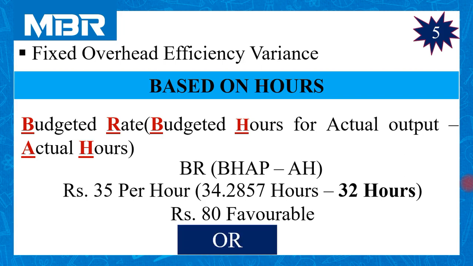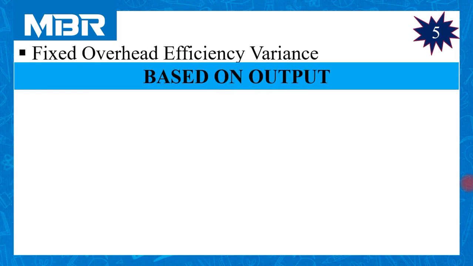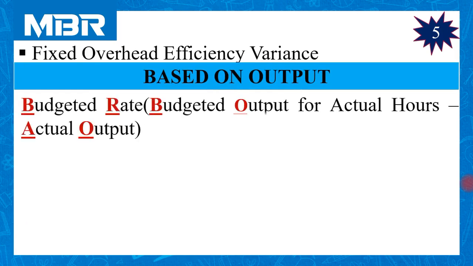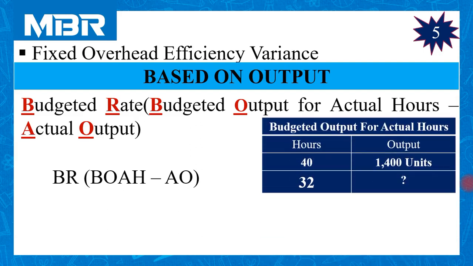Second option, we can calculate our fixed overhead efficiency variance based on output. Budgeted rate into bracket budgeted output for actual hours minus actual output. Budgeted rate (BOAH minus AO). First of all, we need to calculate budgeted output for actual hours.